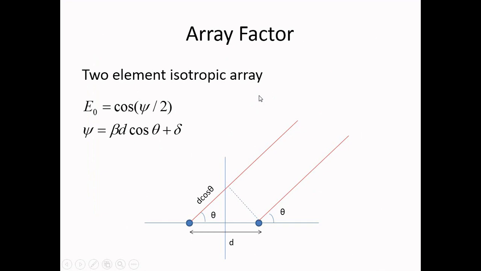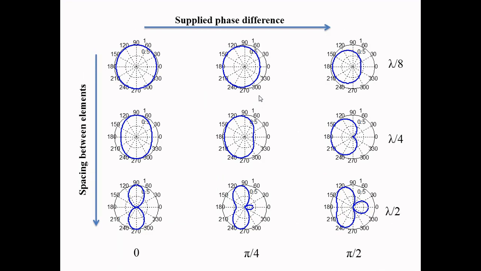In this slide, from left to right I have changed the supplied phase difference, and from top to bottom I have increased the distance between the two isotropic elements. We can observe that as the distance between the two elements is increased, the minima start appearing.